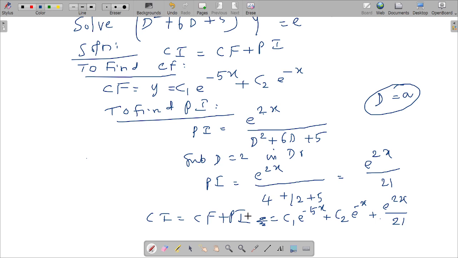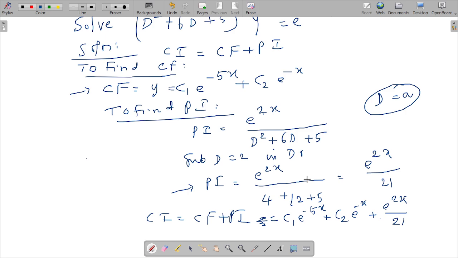Okay. Now we can add the page here. Many of them make the mistake of not writing the complete integral at the end. They just find the complementary function and the particular integral, then leave the problem as it is.